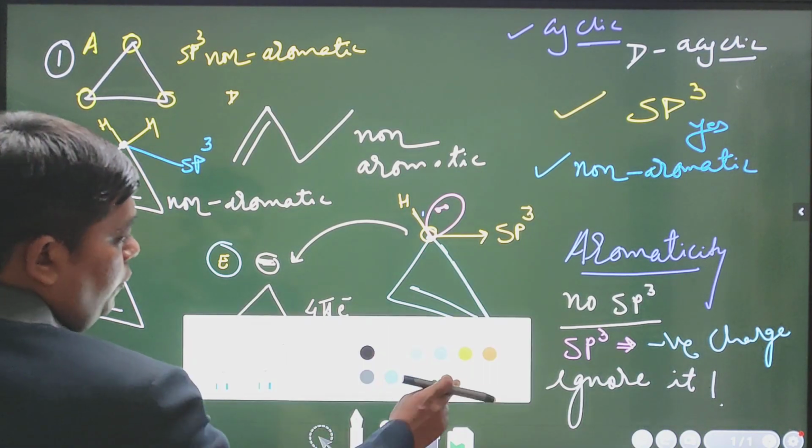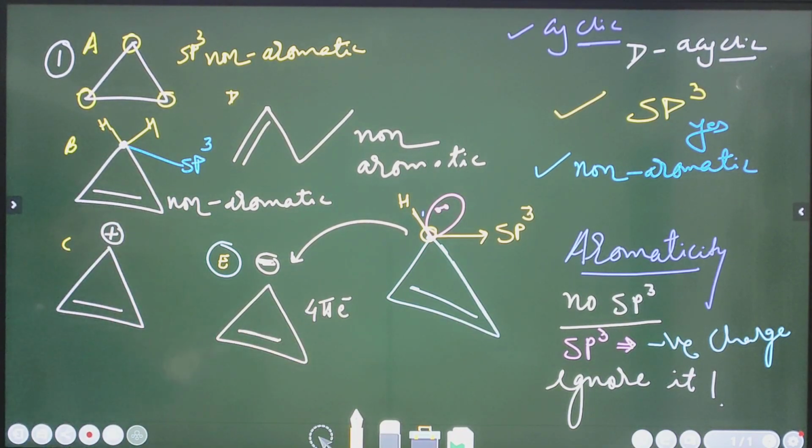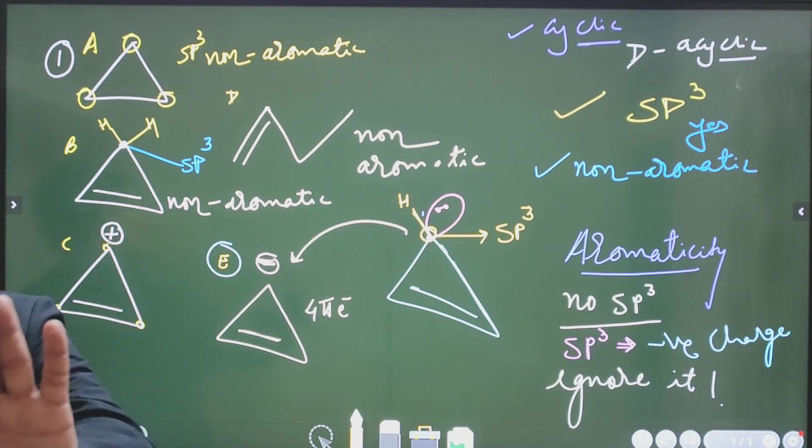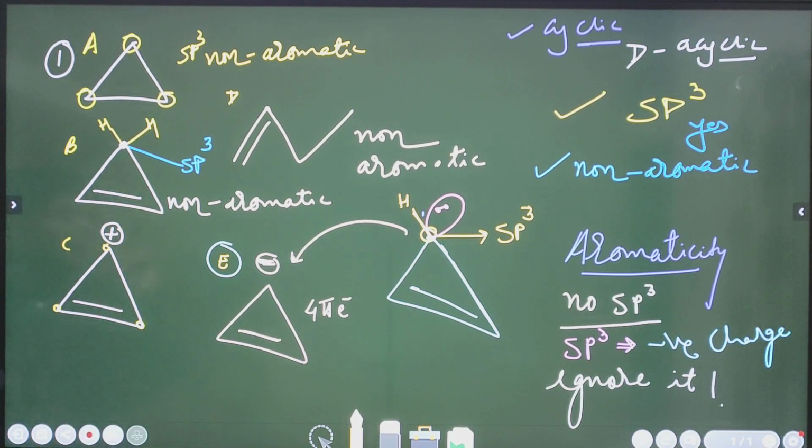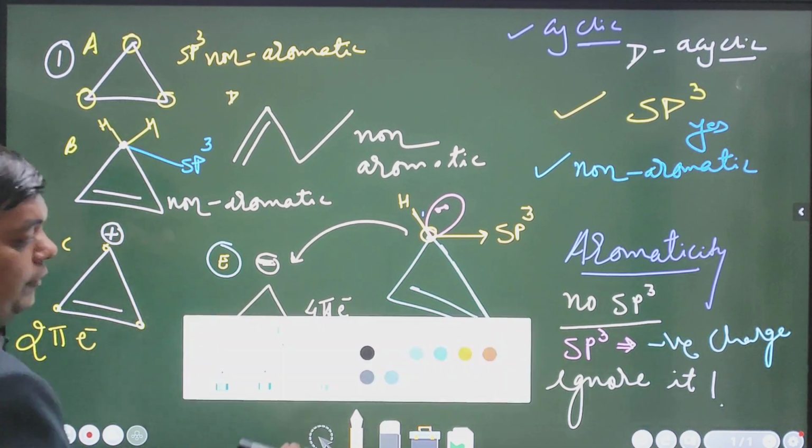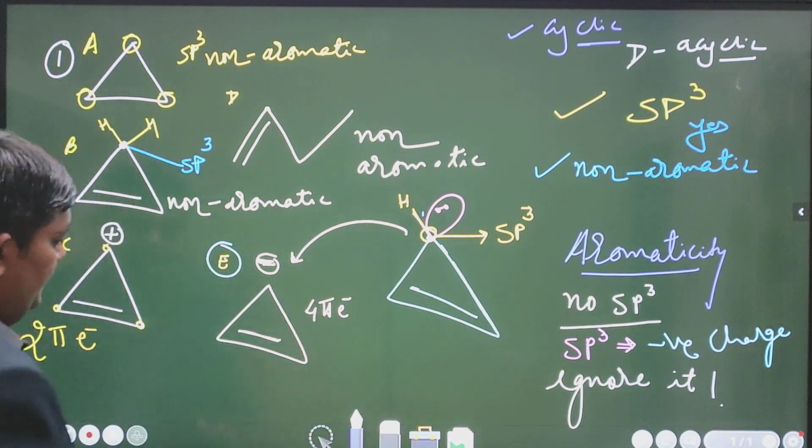And if you focus on this particular structure, this carbon is sp2, this carbon is sp2, this carbon is sp2 because it's a carbon with a positive charge, it is sp2. Now all the carbons are sp2, so either it will be aromatic or it will be anti-aromatic. So check for the pi electrons, only one pi bond, so you will only end up with 2 pi electrons. Now check for the two formulas that you had.